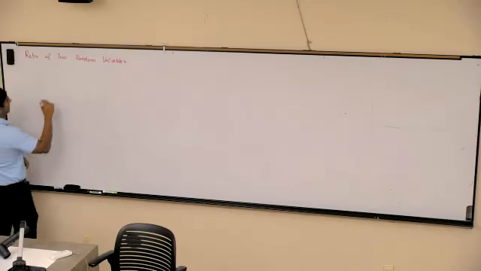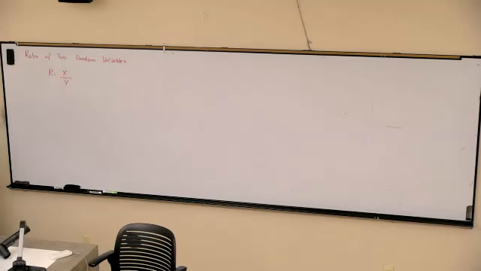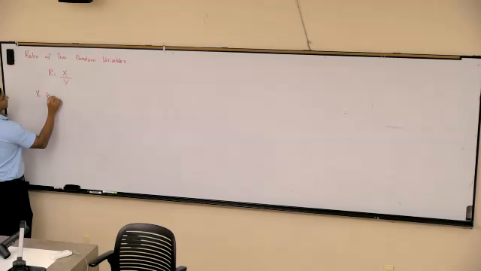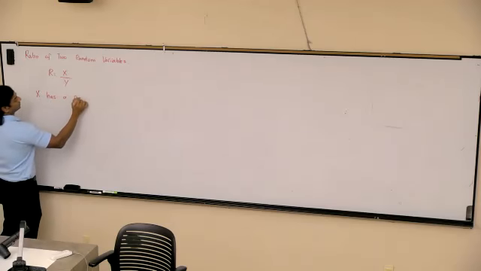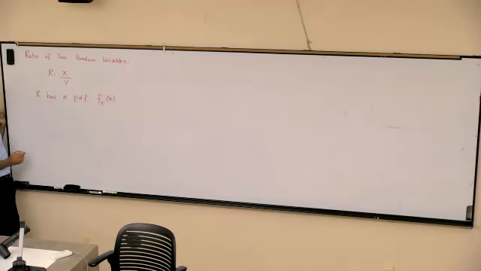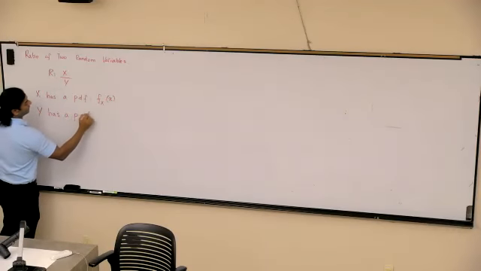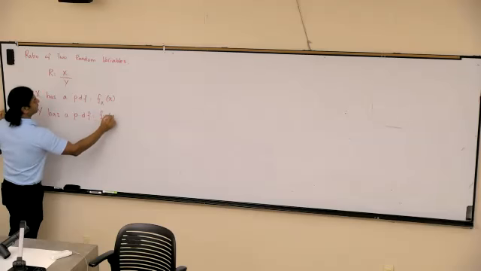Now we move on to the distribution of the ratio of two random variables. Suppose X and Y are two random variables. X has a PDF, f_X of x, and Y has a PDF, f_Y of y.